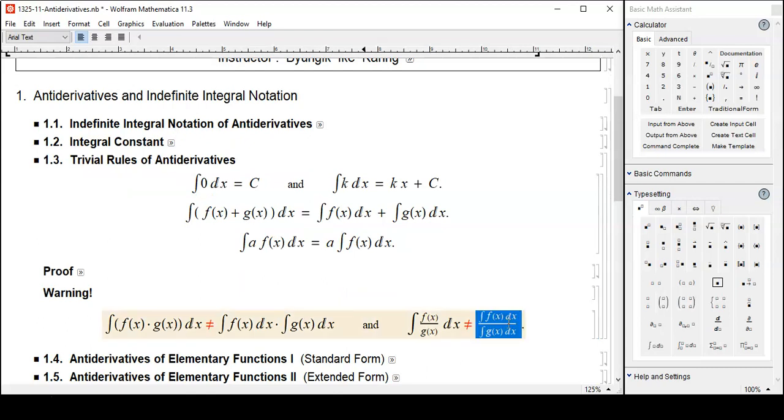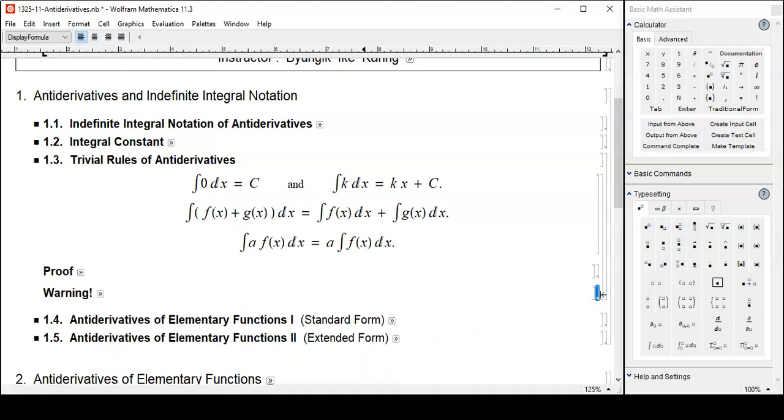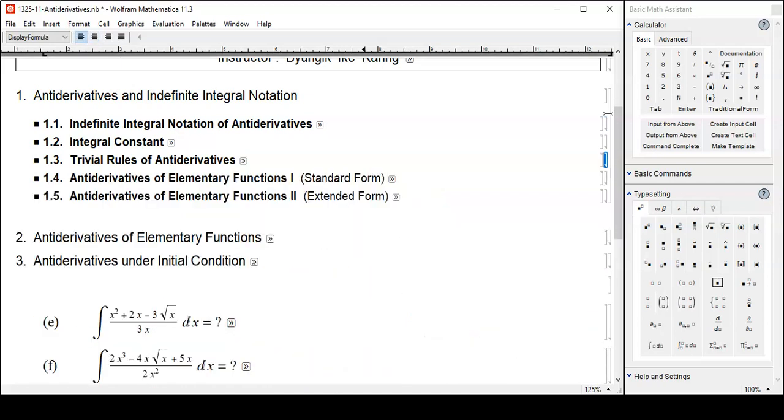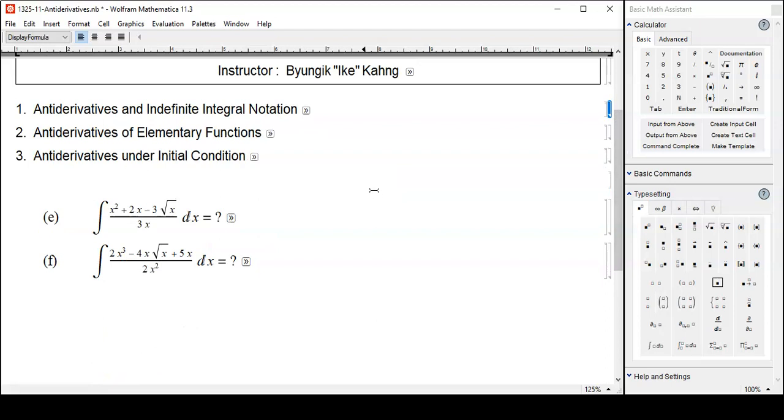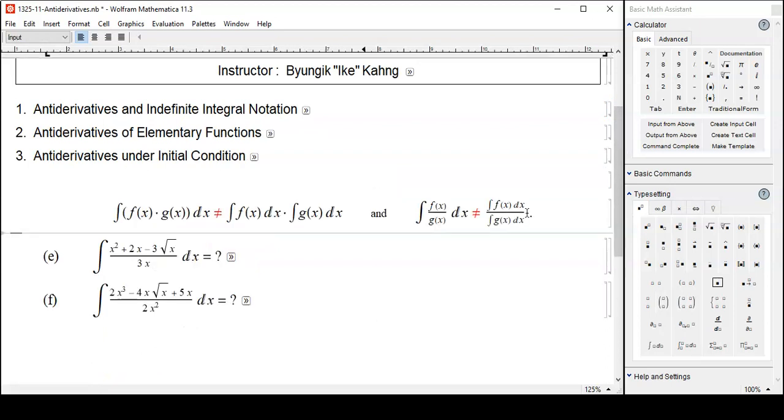Let me copy and paste. Especially this one.